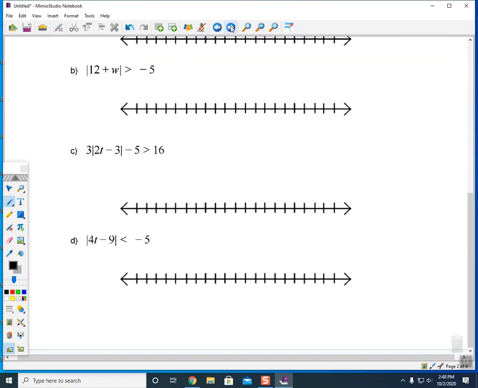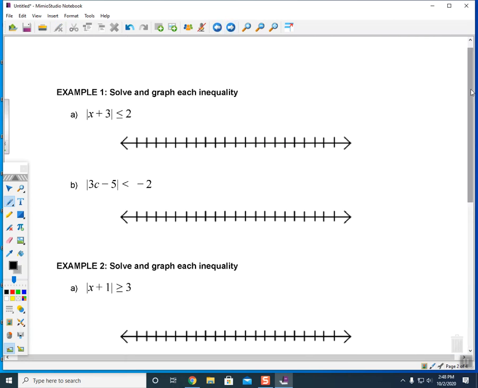So I'm going to make a note to myself that this is an and statement, so that I know what's happening over here. And. So what this is going to look like, I'm going to break it up into 2, right? So I'll have x plus 3 is less than or equal to 2, and x plus 3 is greater than or equal to negative 2.